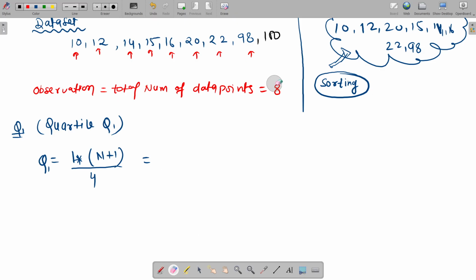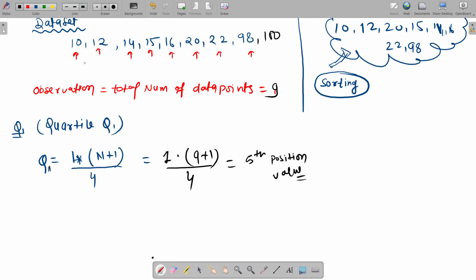In this formula we write 1 into 9 plus 1, divided by 4. That means the fifth position value. The fifth position value is 1, 2, 3, 4, 5, that means 16. 16 is our quartile 1.